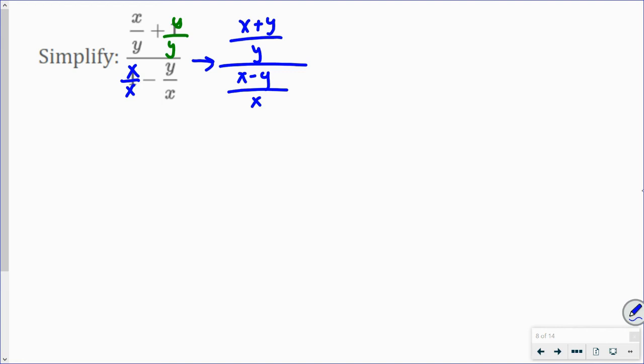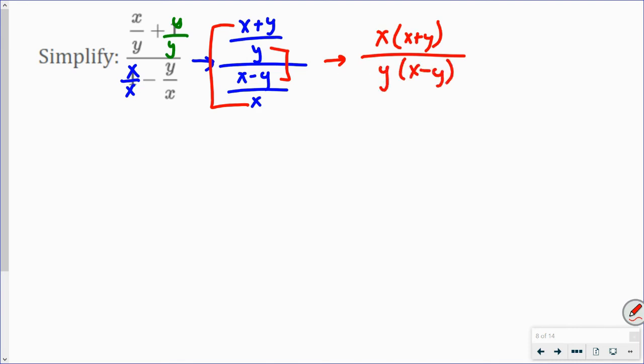There's kind of a shortcut here when doing these problems, and that's outers over your inners. It's still multiplying by the reciprocal, but when they're stacked up like this, you're going to take your outside two and multiply. So x plus y over your inners, so y times x minus y. We can see here that nothing is going to cancel.